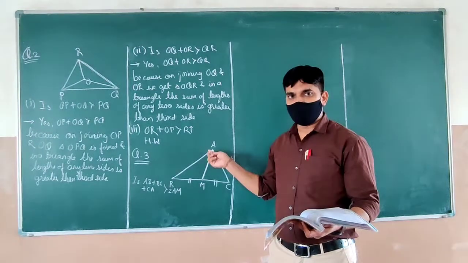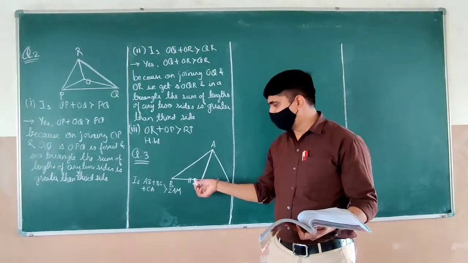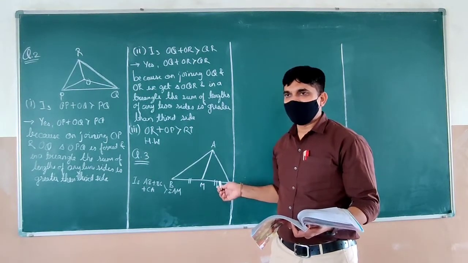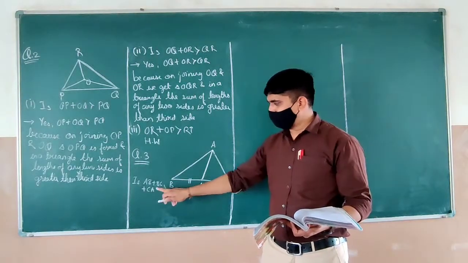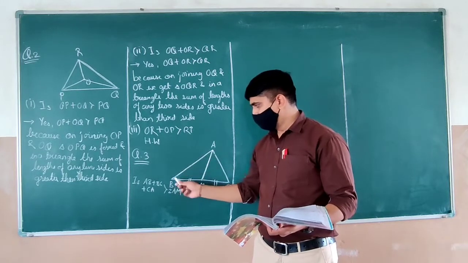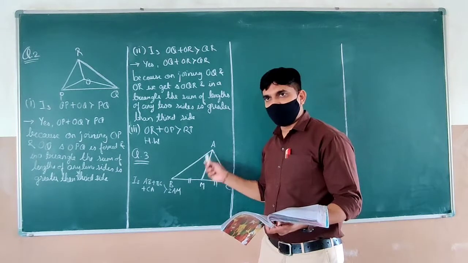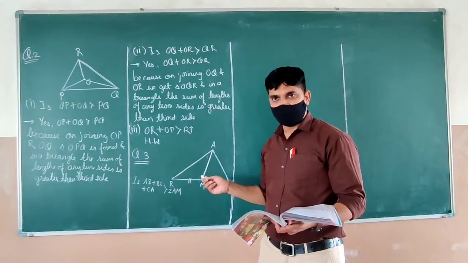The line segment joining the vertex to the opposite side at the midpoint. That means this side is equal to this side. That is called median. And they asked the question: if you add AB, BC and CA, is it greater than 2 times AM?